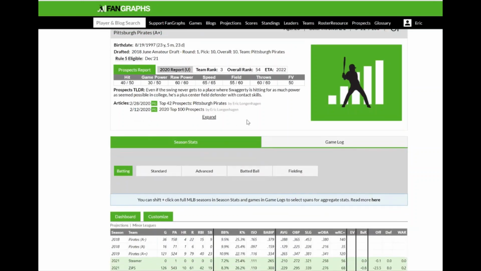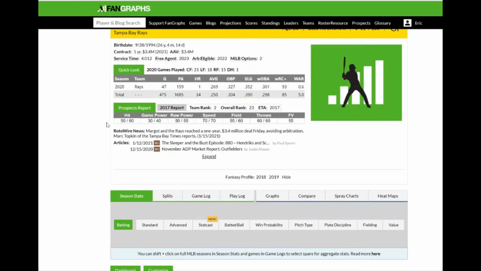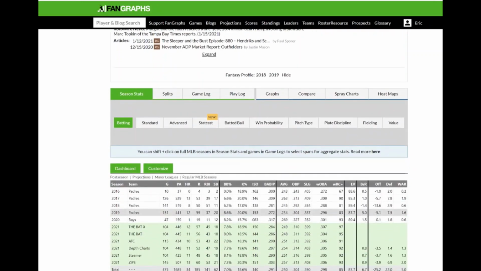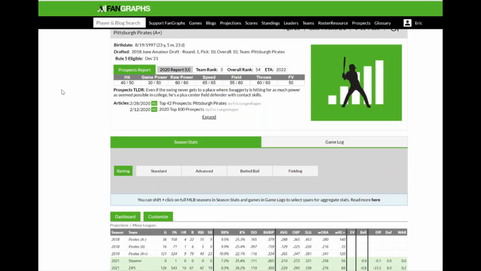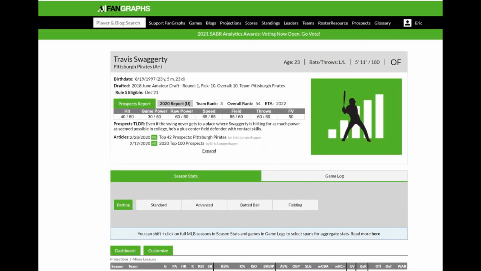All right, so why the 45 grade on Margot, right? It's what he's turned into. But a 50 on Swaggerty, who projects to be a pretty similar player. Well, there's a chance that the swing does get dialed in, and there is relevant game power. And also, Swaggerty has the platoon advantage. He hits left-handed, whereas Margot hits right.